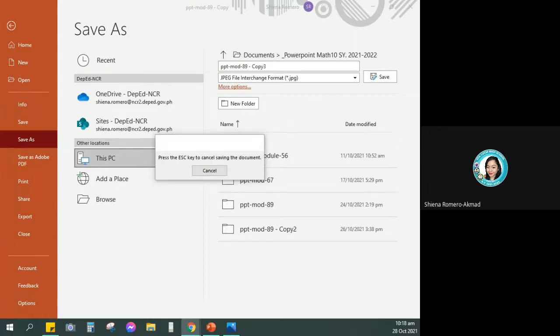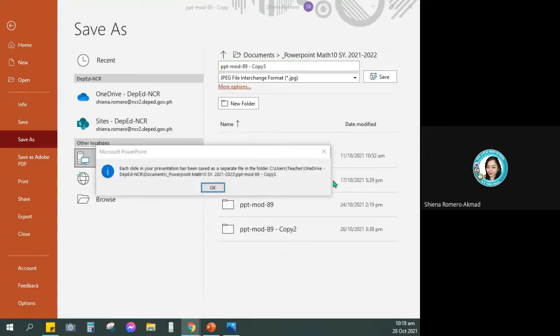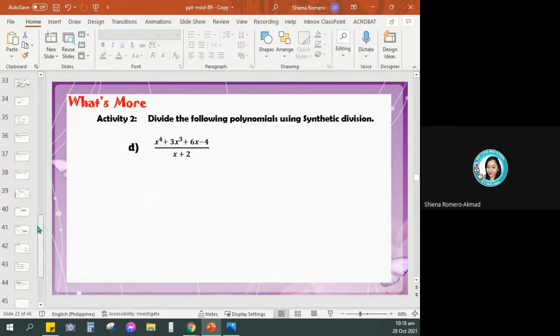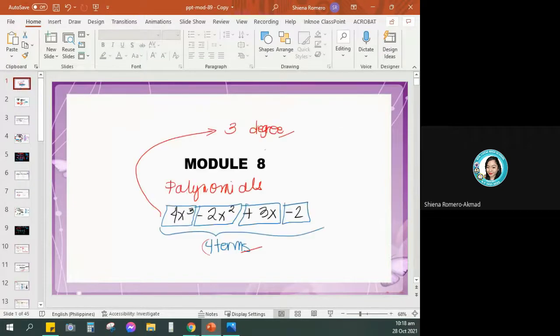So, wait nyo munang ma-post ko sa ating FB group bago tayo mag-leave kasi baka makalimutan ko na. Kung nakalimutan ko na, kawawa kayo. Kasi sa Sabado magsasagot kayo. Lagay ko muna sa group natin. Lahat ng pictures.